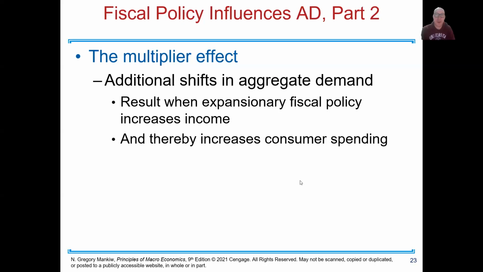The multiplier effect, just as the name implies, multiplies, right? Additional shifts in aggregate demand result from expansionary efforts to increase incomes, which increase spending. When you have higher income, you spend more. The higher your income goes, the more you spend. That's what we call the multiplier effect.